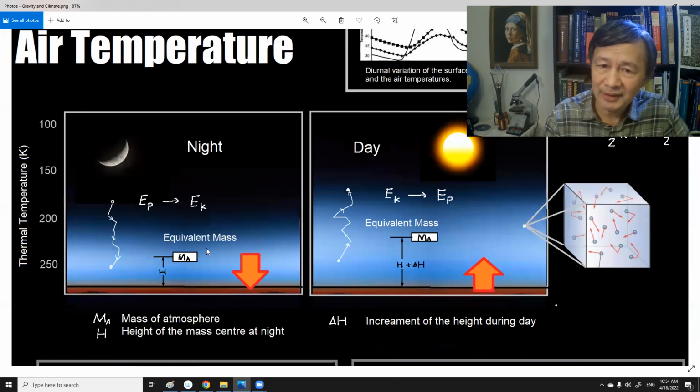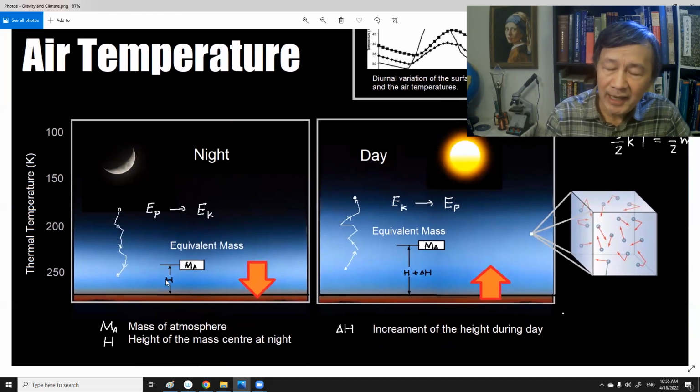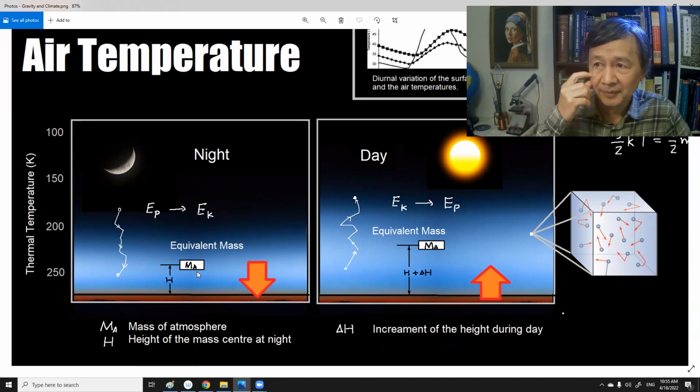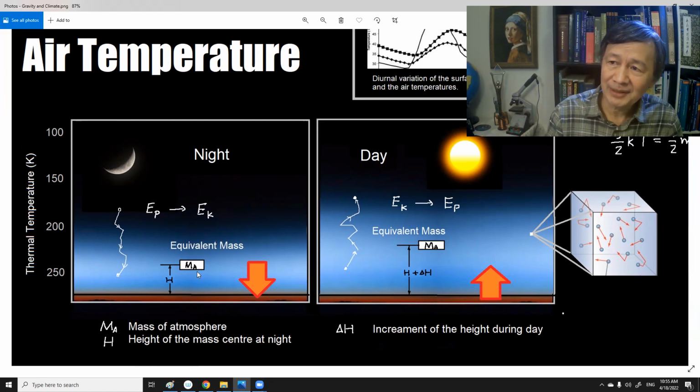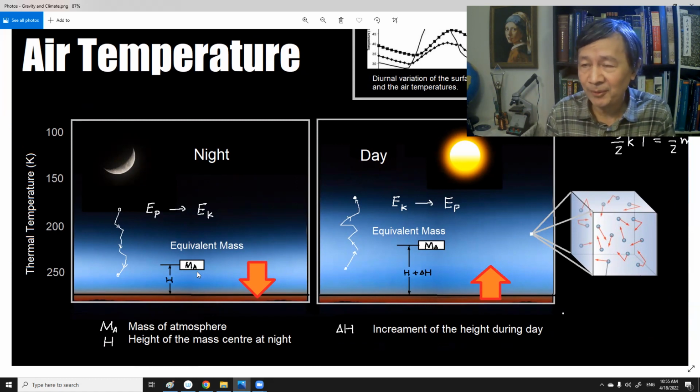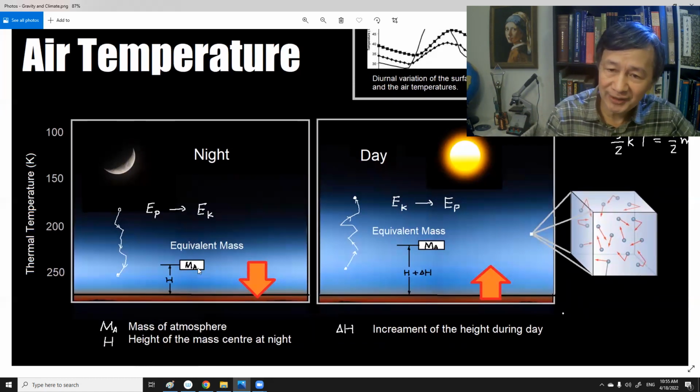To be specific, in these two diagrams, I used m sub a to represent the total mass of the atmosphere. Of course, the mass would be the sum of all molecules. But as a thought experiment, we can introduce this block to represent the total mass of the atmosphere.